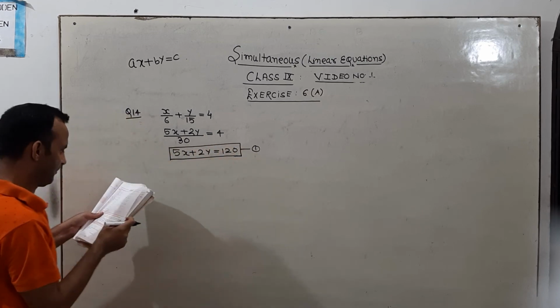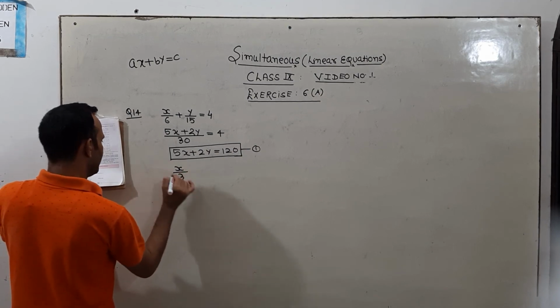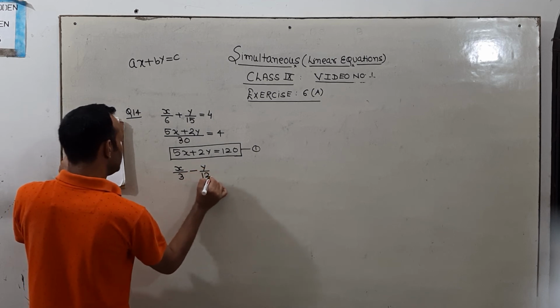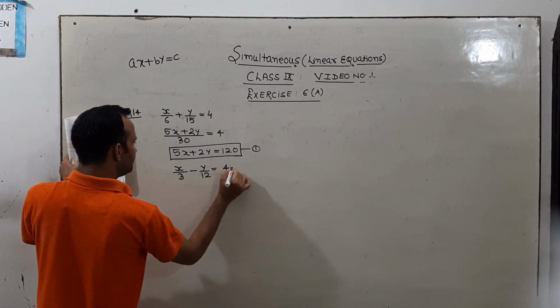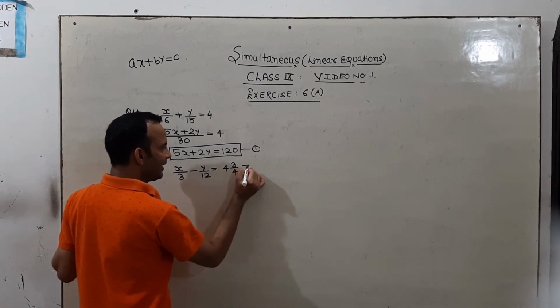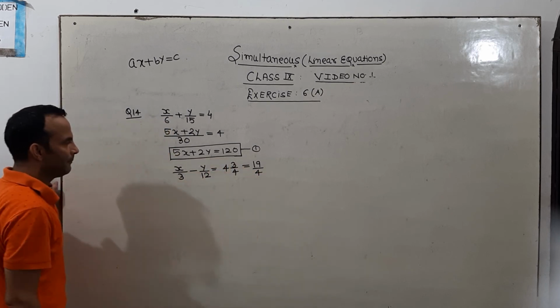This one is first. Second equation is x upon 3 minus y upon 12 is equal to 4 whole 3 upon 4. We can write it as 19 upon 4. Okay?